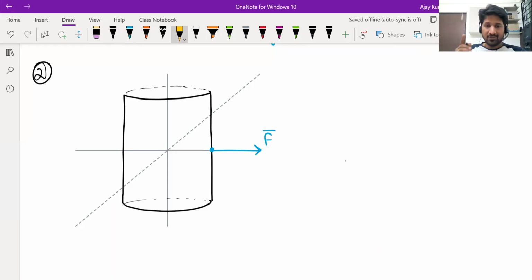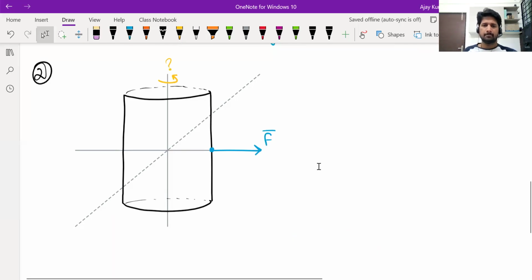Tell me, will that force which is acting along the x-axis make the cylinder rotate around the y-axis? Force is exactly acting on the x-axis. I'm not saying it is parallel to the x-axis. It's exactly along the x-axis. Can it make the cylinder rotate around the y-axis?